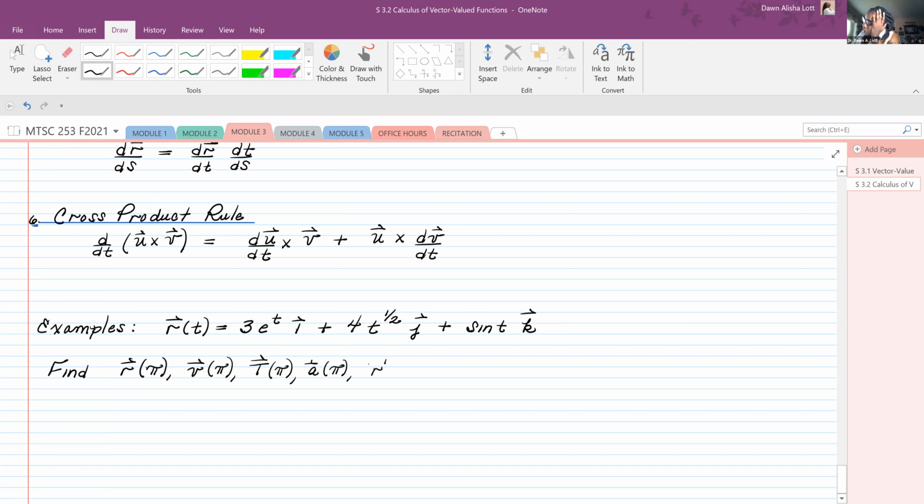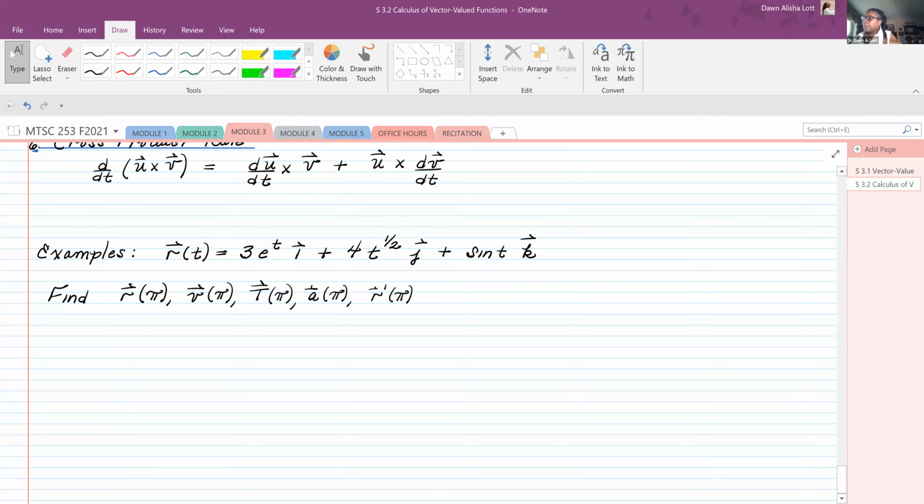That's all I want. I don't need to find r prime at pi. Okay, so r at pi is 3 e to the pi i plus 4 the square root of pi j, and that's it.